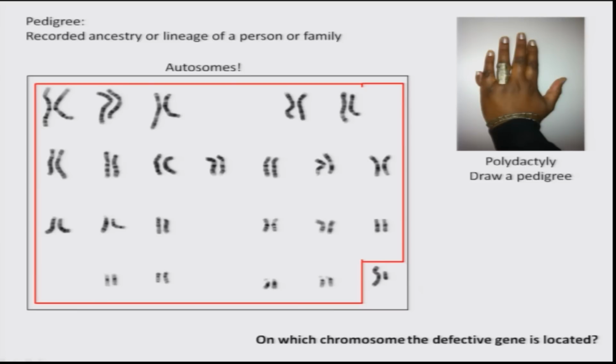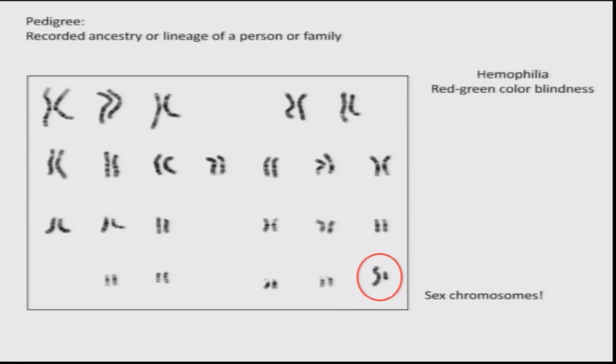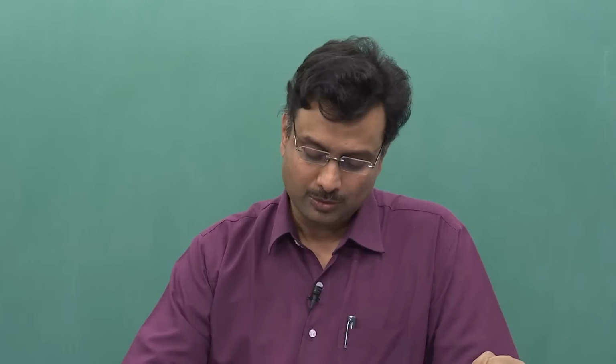Their distribution, their segregation, their expression is very, very different. There are disorders associated with the sex chromosomes as well. For example, hemophilia, the blood clotting disease, and red-green color blindness, the genes for these phenotypes are located on the X chromosome.